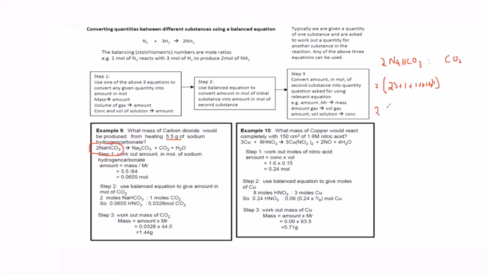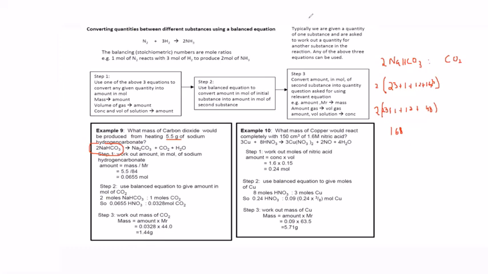So this will be 23 plus 1, 24, plus 12, 36, plus 48. So it will be 84. 84 multiplied by 2 will be equal to 168. So this total mass is 168.